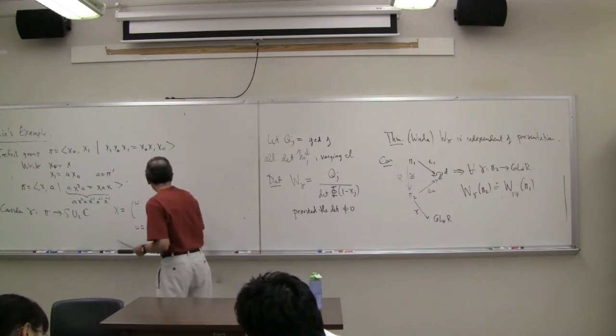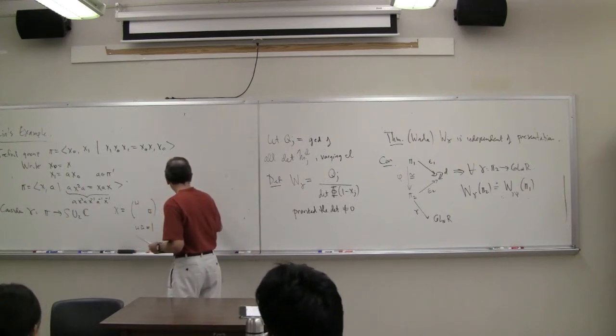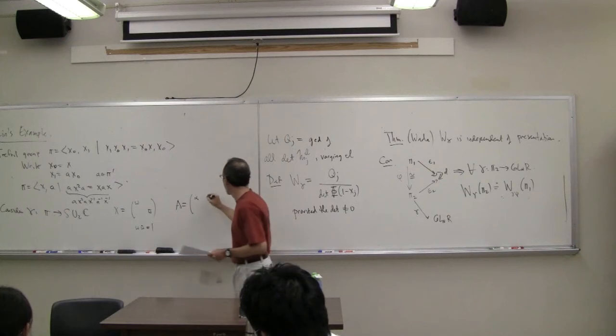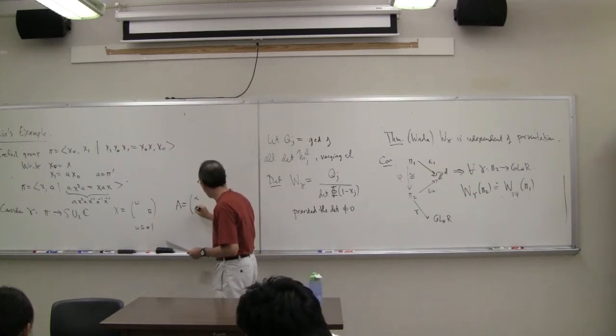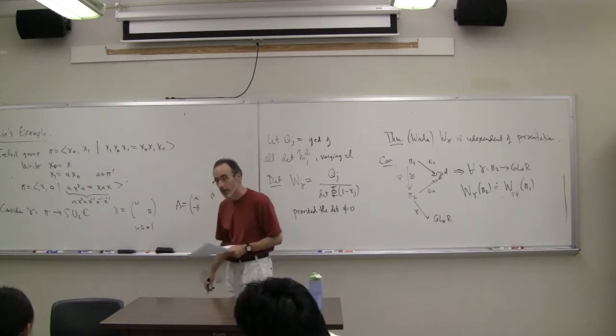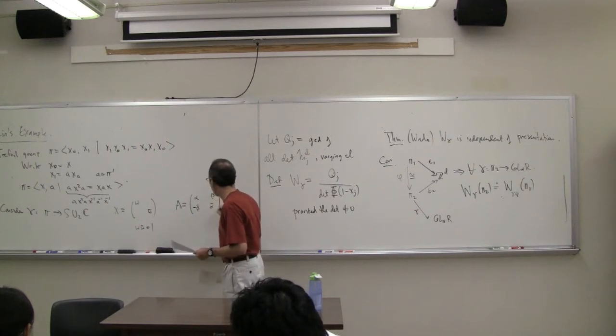And a general element of SU2 has the form alpha, beta, minus beta conjugate, alpha conjugate, and we have the condition that alpha alpha bar plus beta beta bar is 1.